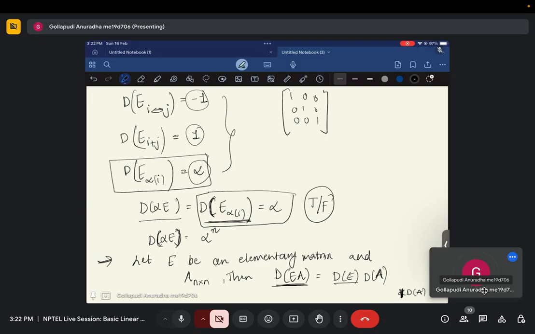So the determinant will be 1 into determinant of A. I hope you understood this point.